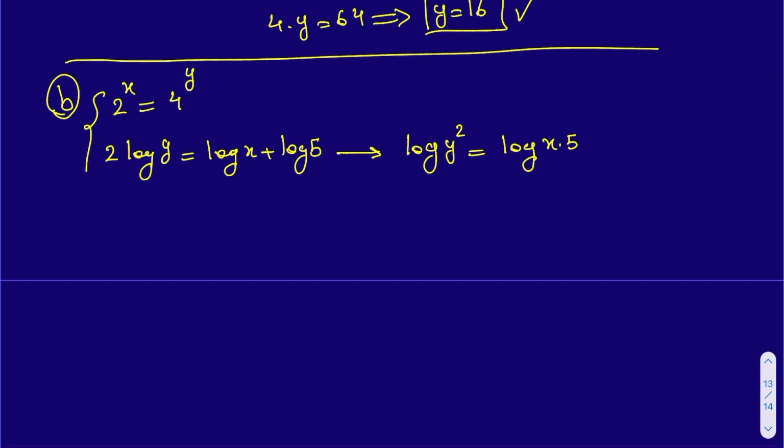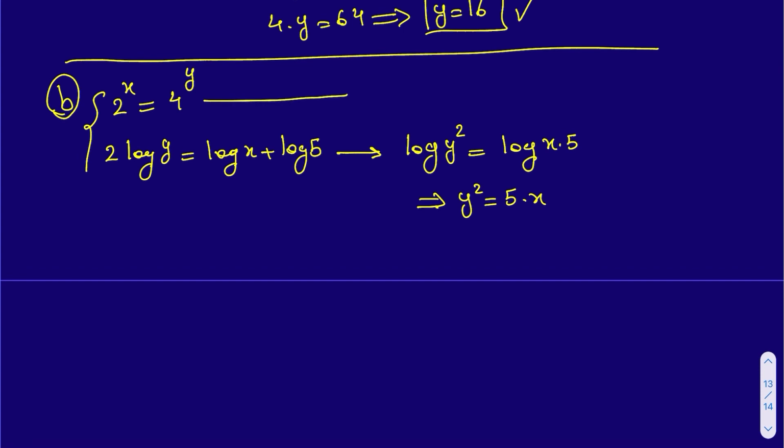Okay, then here we can conclude that since the bases of these two logarithms are the same, therefore these numbers must be the same. So we can conclude y to the power of 2 is equal to 5x. This is the conclusion we can draw from this equation.